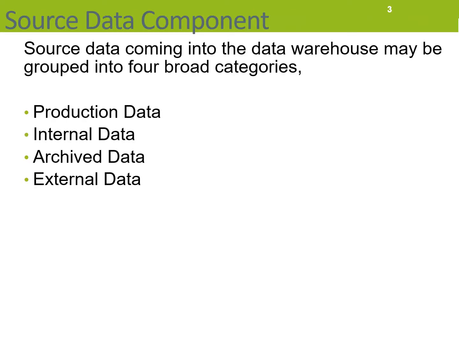Source data component, which is the first component. Source data coming into the data warehouse may be grouped into four broad categories. First is the production data. This category of data comes from various operational systems of the enterprise. These normally include financial systems, manufacturing systems, and customer relationship management systems.